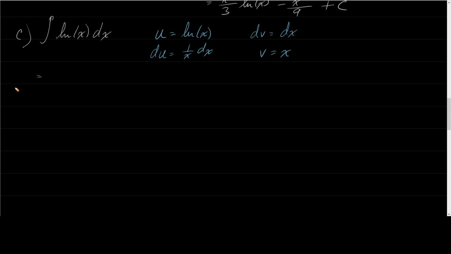So we have that integral being equal to uv, so x ln of x, minus integral of v du, so x times 1 over x dx. Now this really just gets simplified to be x ln of x minus integral of 1 dx, right?